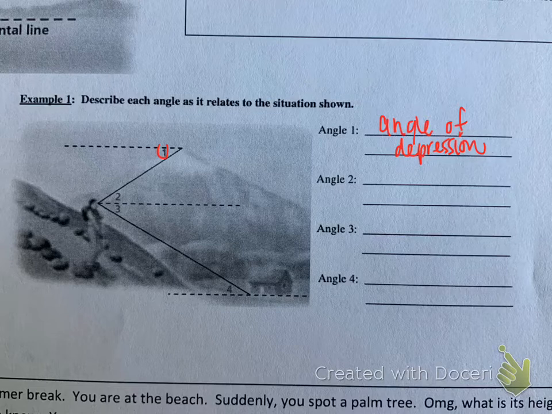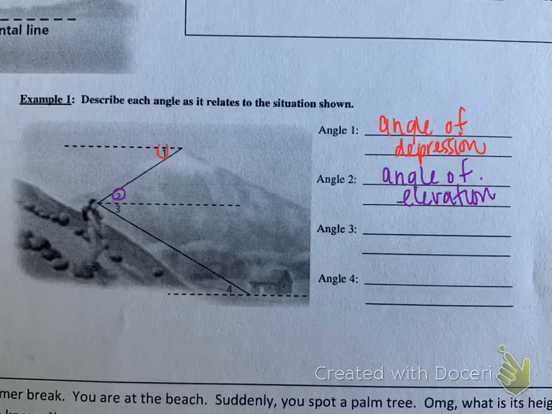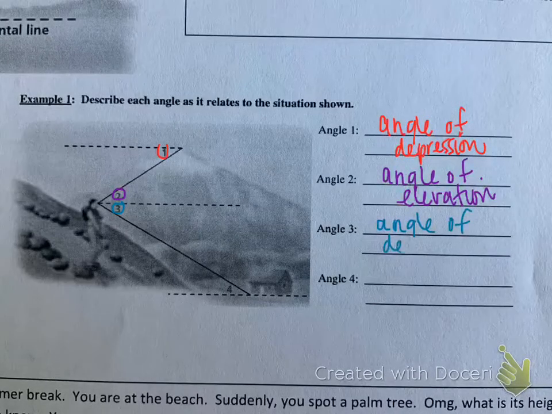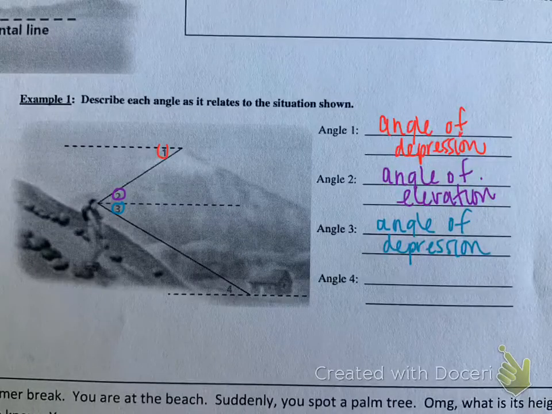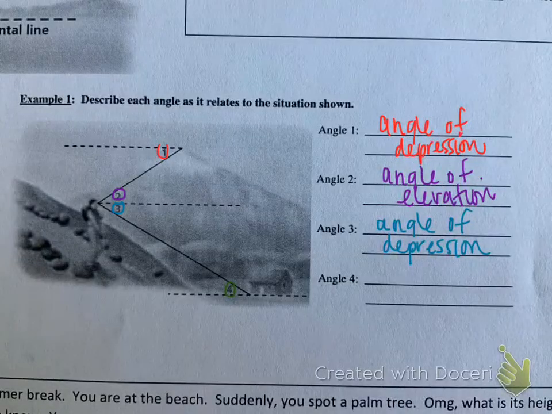Number 2 is above the horizontal line, so that would be an angle of elevation. The third one is below the dashed line, so that would be an angle of depression. And lastly, angle 4 is above the dashed line, so that would be an angle of elevation.